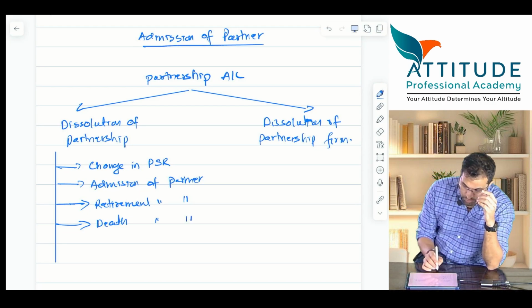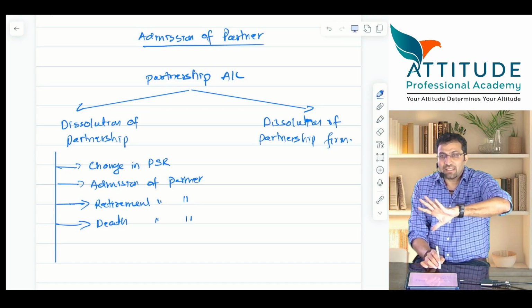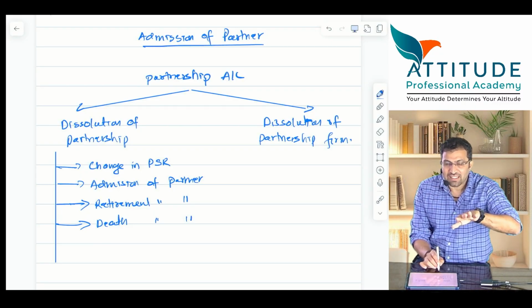These are all dissolution of partnership. Firm is not getting dissolved, but constitution is changing. Constitution of partnership firm is changing.